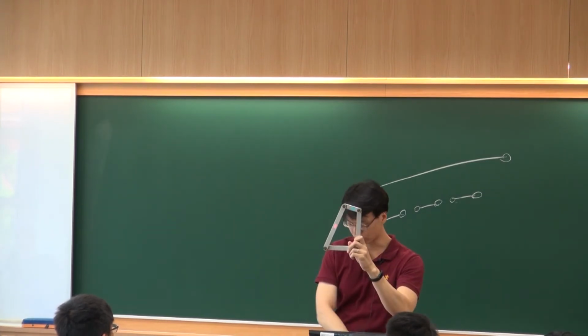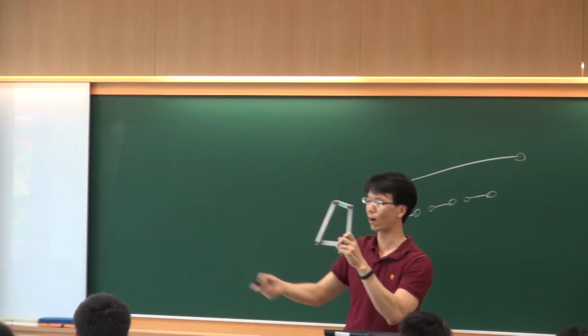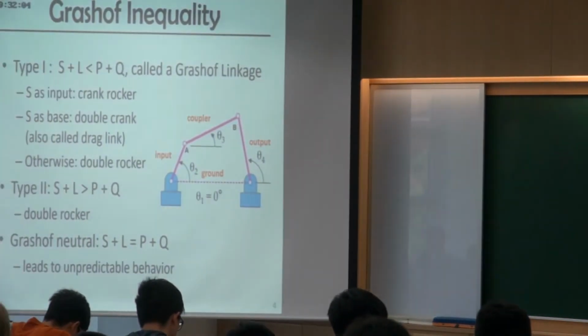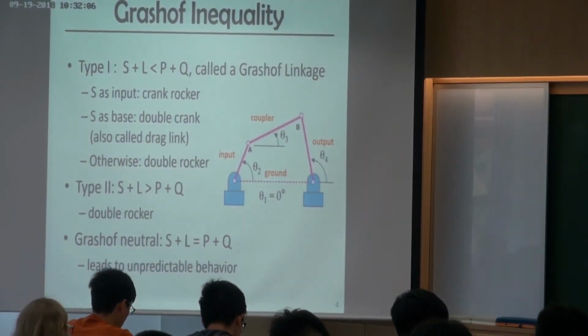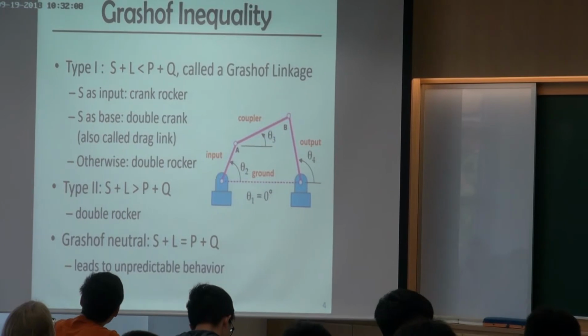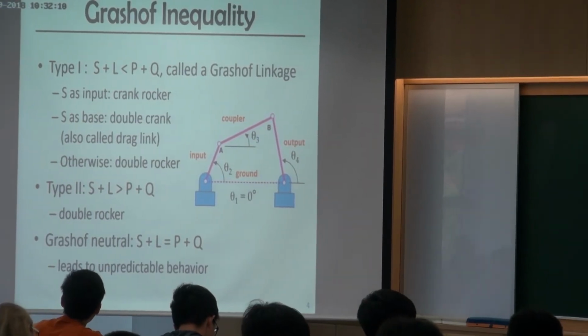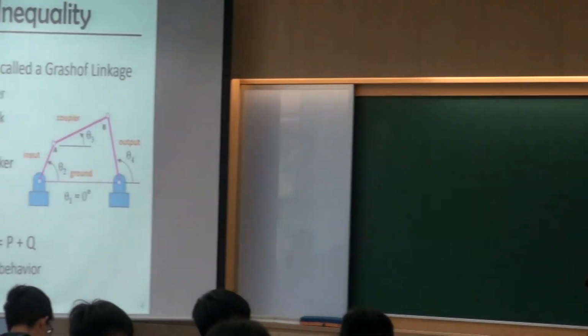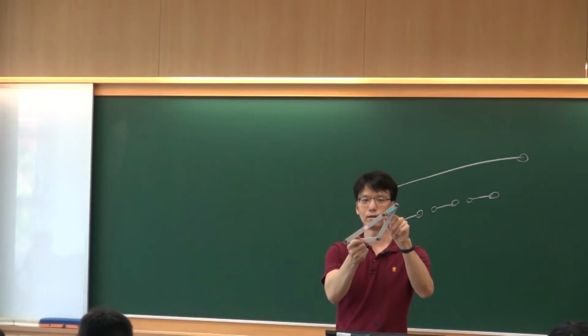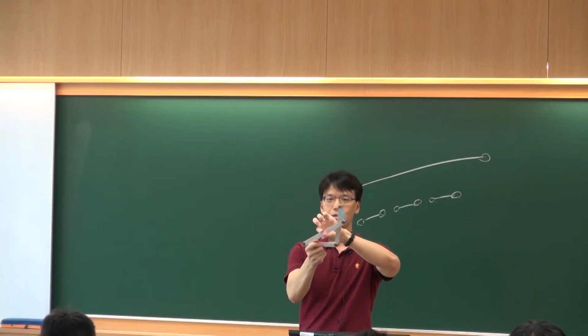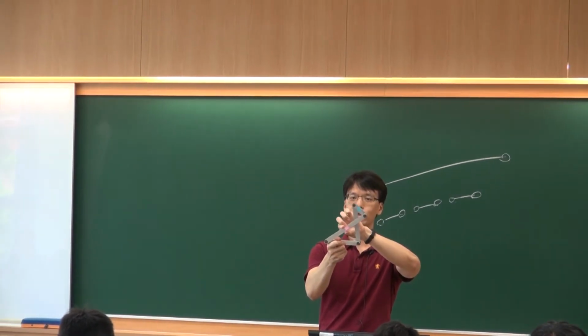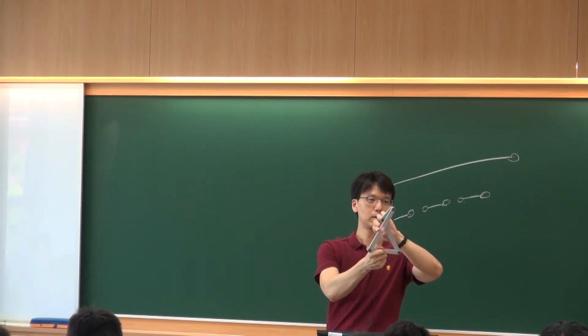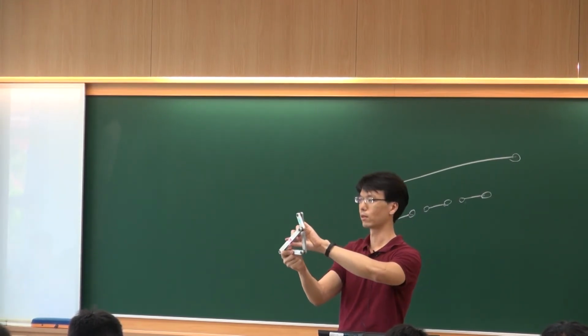So this belongs to the third case. We call it a double rocker because both of them are just swinging within certain angles. I fix the bottom one and I move this one, or I move this one. They have some limitations, so they cannot perform a full rotational motion.